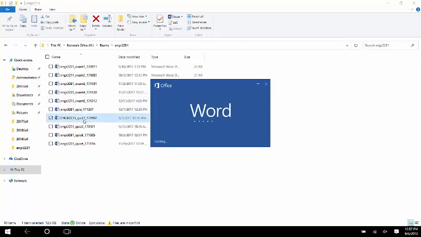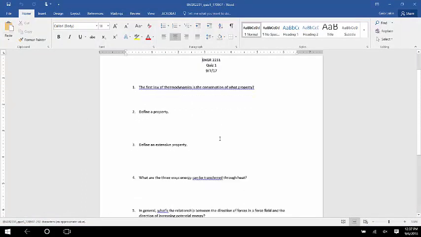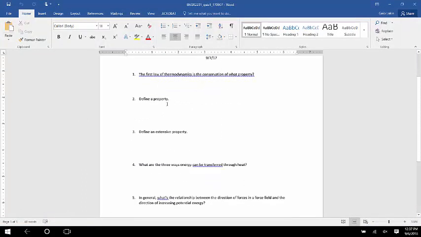So here's the first quiz from last year. First law of thermodynamics is conservation of what property? The answer is energy. Define a property. Well, these are good questions. I could have given this quiz today.